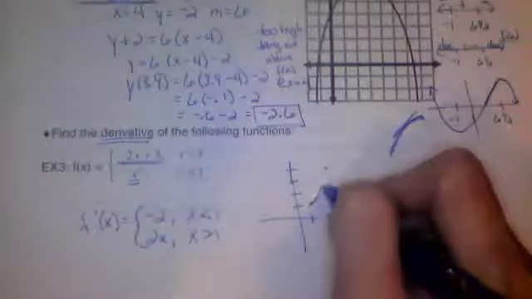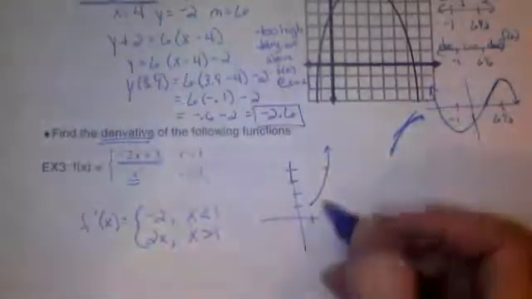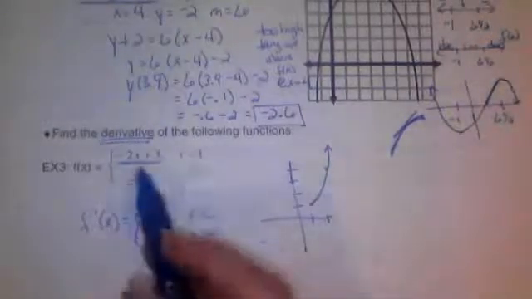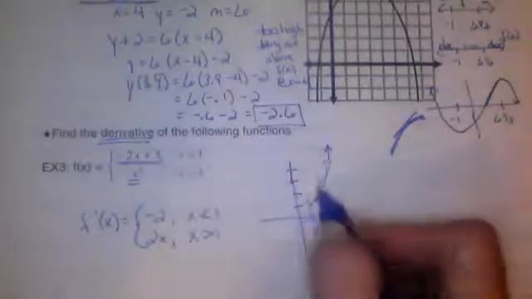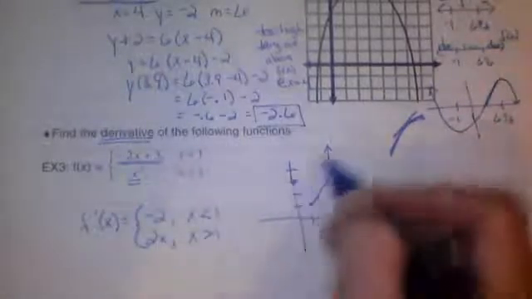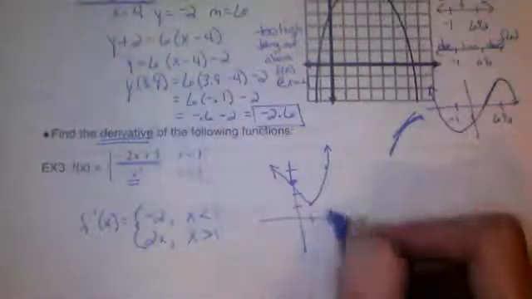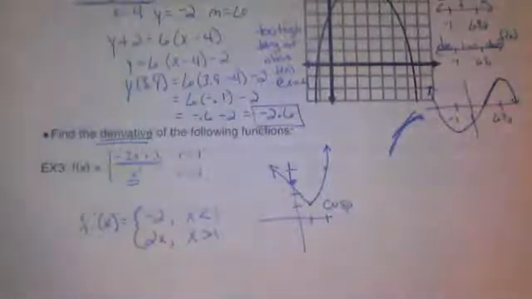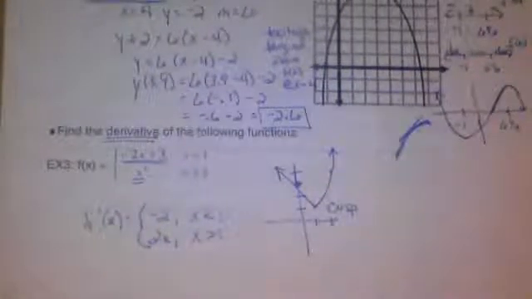So this thing is curving like this. And over here on the other side, we've got this line that has a slope of negative 2. So up 2, left 1. It is a line going that way. And so right here, we've got a cusp.